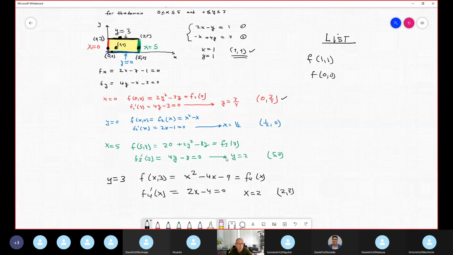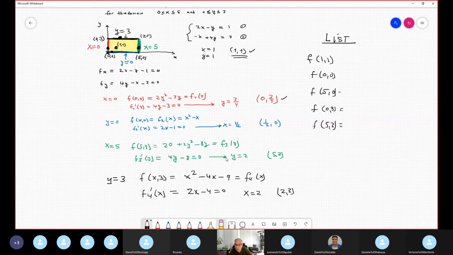Because (0, 0) is one corner of my problem. You evaluate, for example, at another corner, (5, 0). Here, you evaluate the function at (0, 3), that corner. You evaluate also at (5, 3). Don't forget the corner. The corner is important.